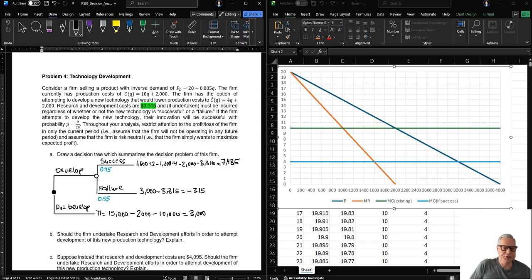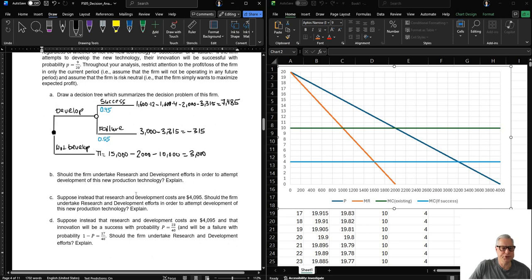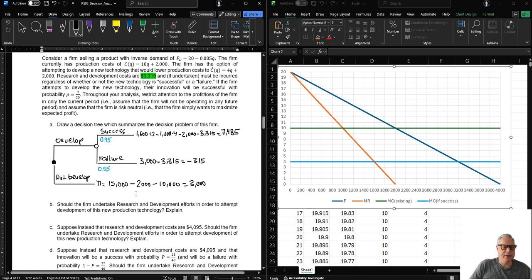So the next question is, should the firm undertake research and development efforts in order to attempt development? Okay, so now we need to calculate the expected payoff from development.